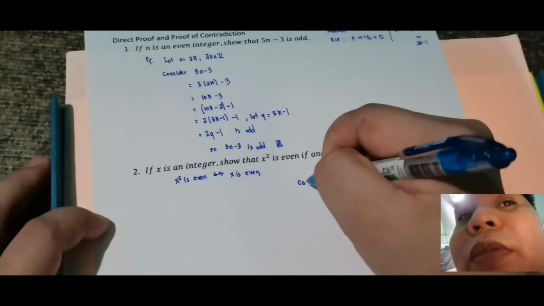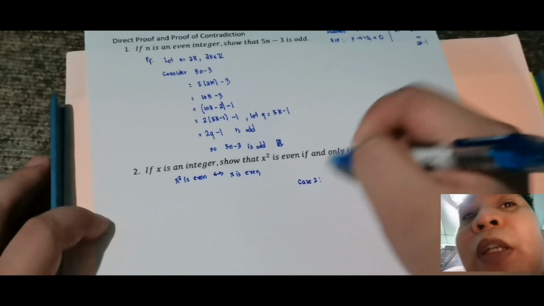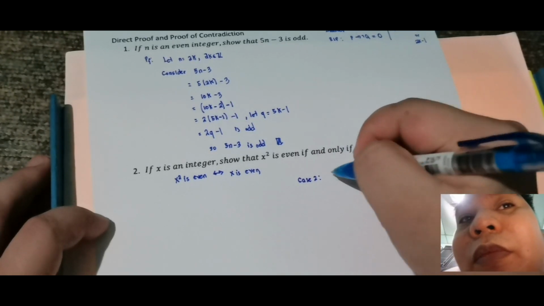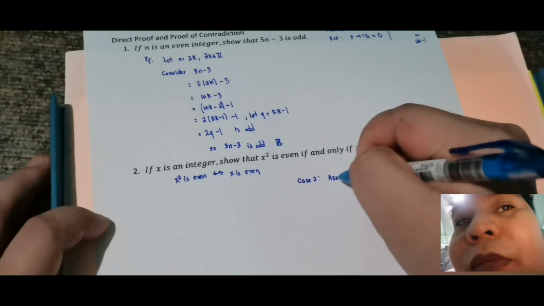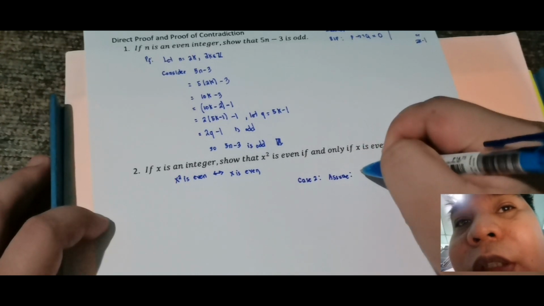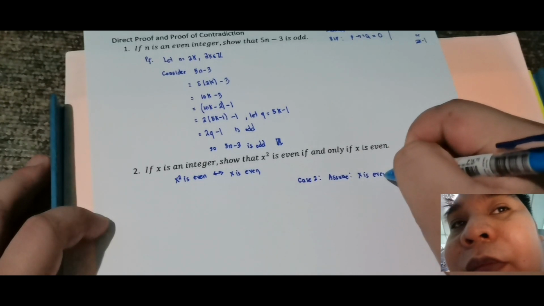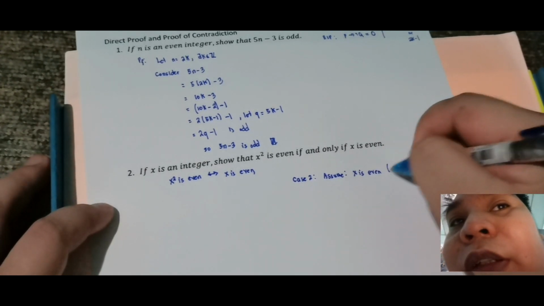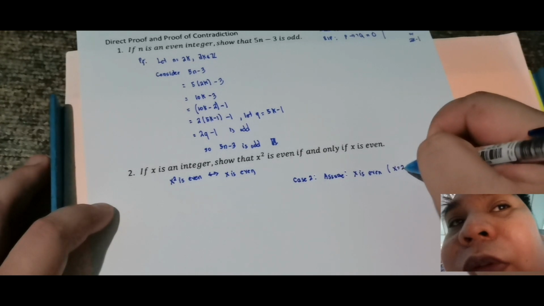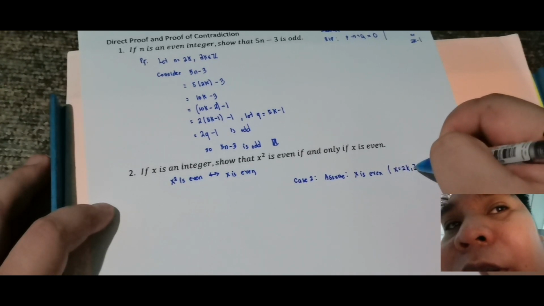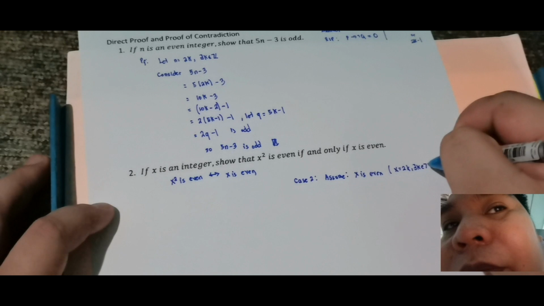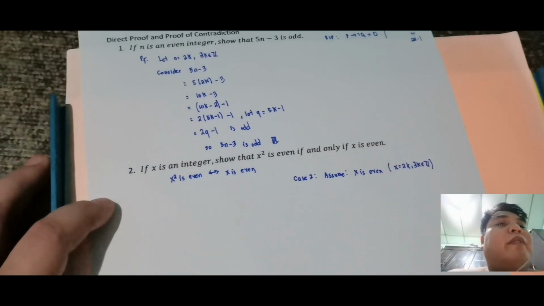Okay, so sabi ng case 2, assume that x is even. Ano ibig sabihin nito? x = 2k for some k element of integers.